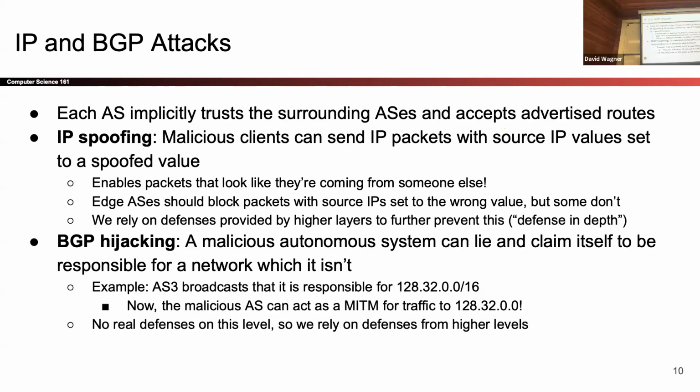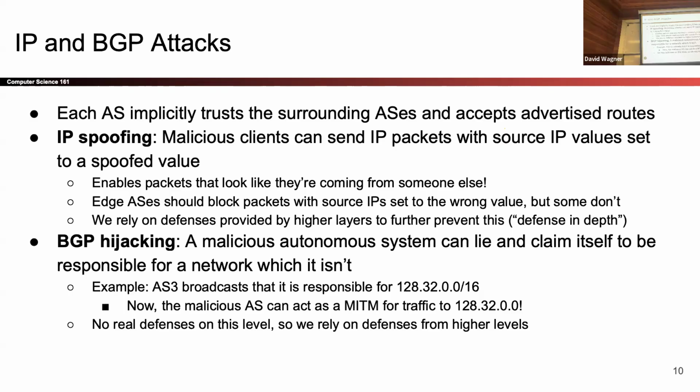So that brings us to the other threat, which we've talked about before, IP spoofing. Anyone can send a packet and lie about the source address, put someone else's IP address in the source address. And that might get delivered all the way to the end destination, because routing works the same no matter what IP address is put in the source address.